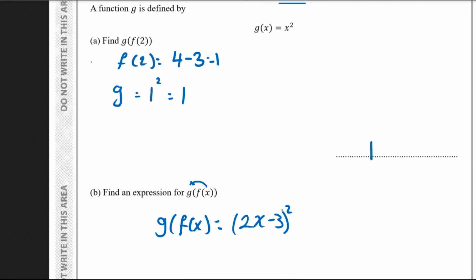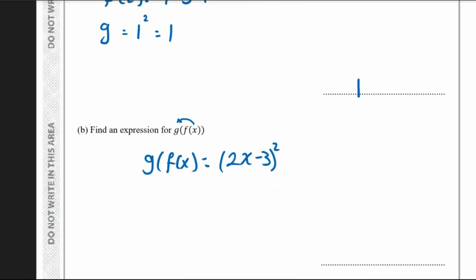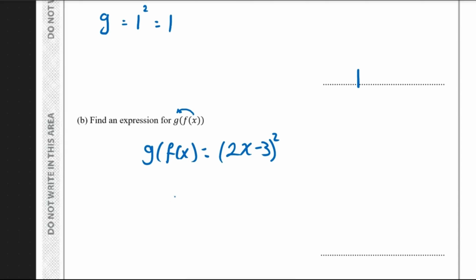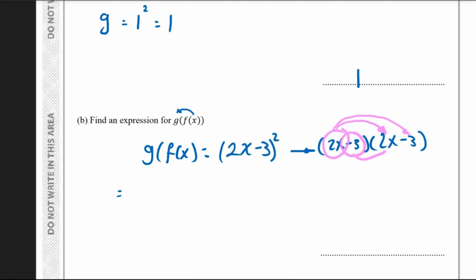So what we have done here is substitute x itself in x squared by f(x), the expression of f(x). And then we need to expand this one. So it would be 2x take away 3 times 2x take away 3. And as you know how to multiply two brackets, take the first term and multiply by each term in the second bracket, and then take minus 3 and multiply by each term in the other bracket.